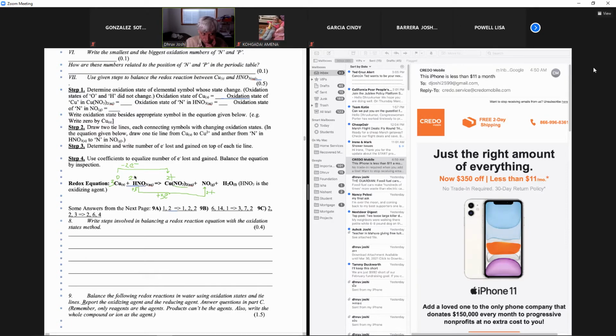It's going to be 2 over here. 6 electrons are exchanged, that's where 2 NO comes from. Now we balance by inspection: 2 nitrates here, so I need 2 nitrates here, so 2 plus 2 equals 4.